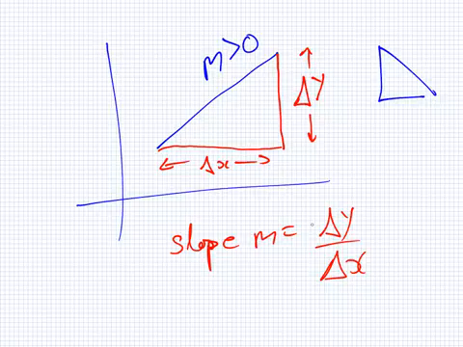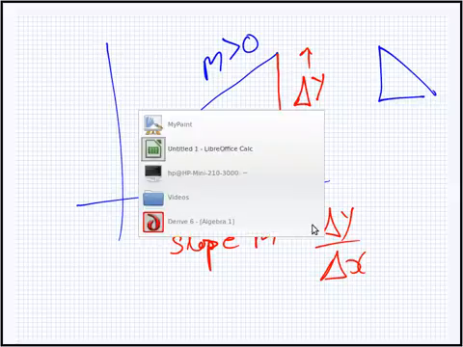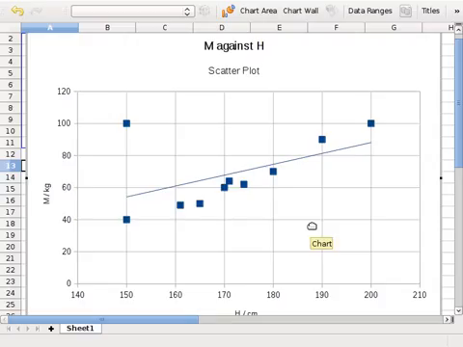Yep. So let's go back to our graph. What I want you to do on your graph is draw the triangle and then tell me the delta y and the delta x. So now I want to see triangles on your scatter plot. When you draw the line, make a triangle. What's wrong?